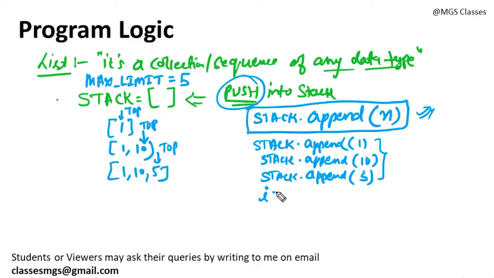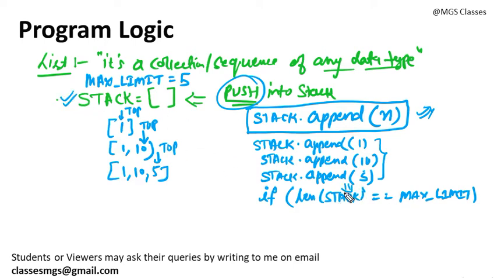If the length of this stack is equal to the maximum limit, meaning you have already inserted 5 items, in that case the length of the stack, which is basically a list, is 5. We are using the list data structure, that's why this is a list.